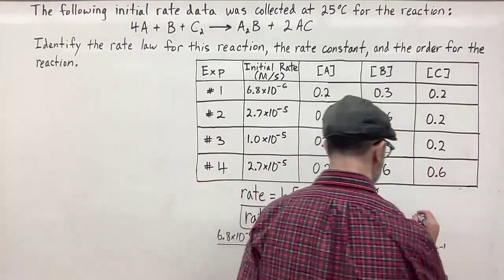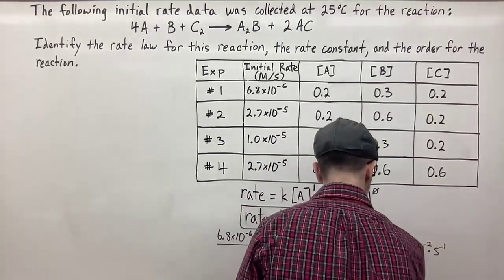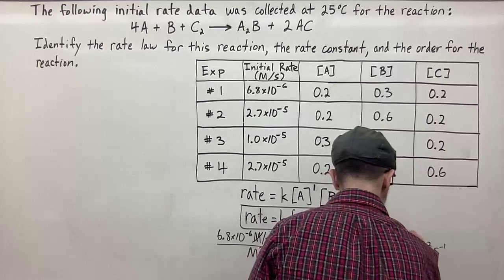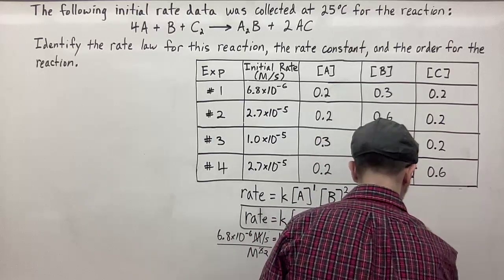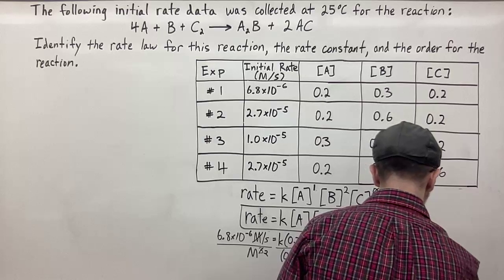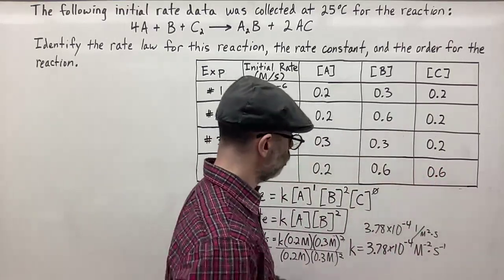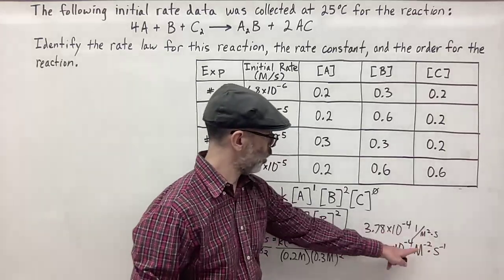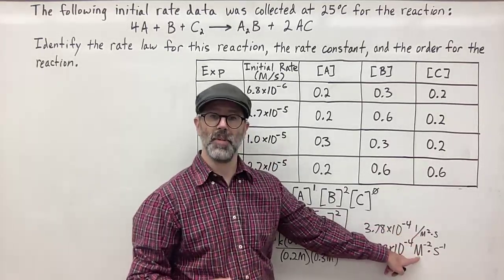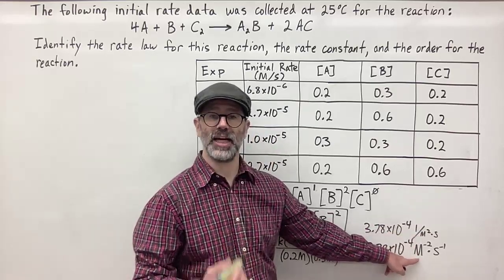Or, again, we could just put this like this. It could be 3.78 times 10 to the negative 4, and it could be 1 over molarity squared times S, right? So either one works. It's just that 1 over molarity squared is the same as molarity to the negative 2.